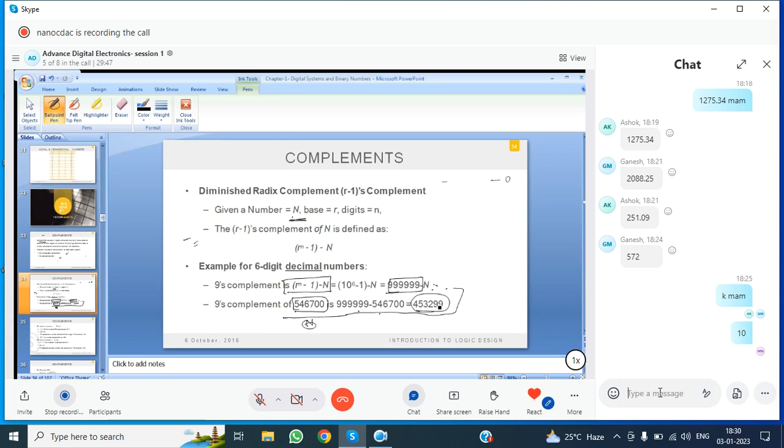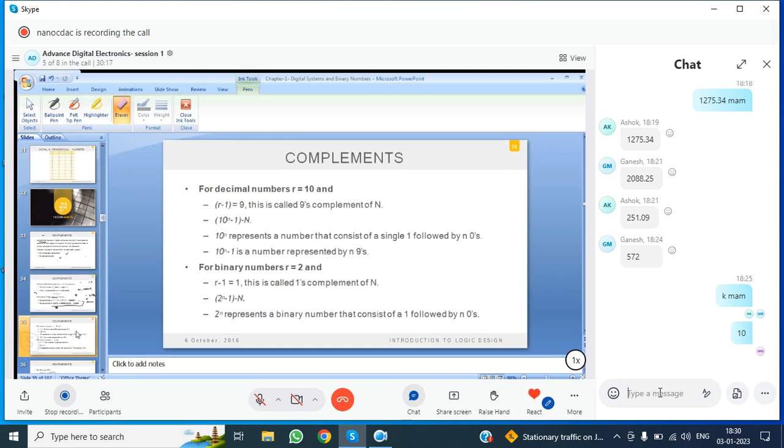Let us take another number, if N is equal to 645689, what is the diminished radix complement? R power n minus 1 is 999999, minus 645689. You write the result. Nothing much about this one.